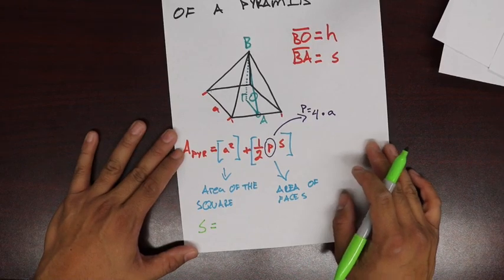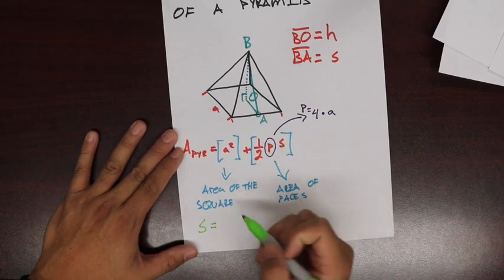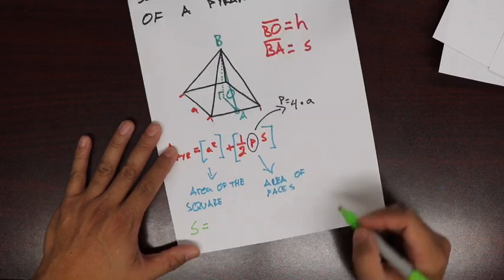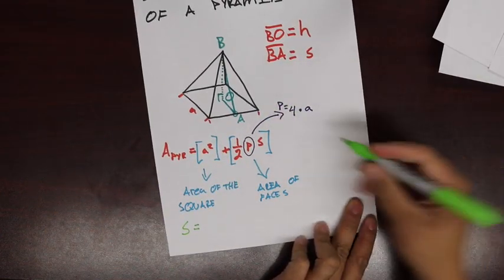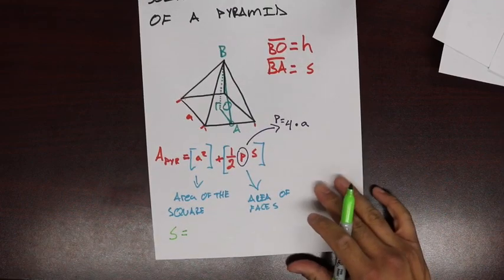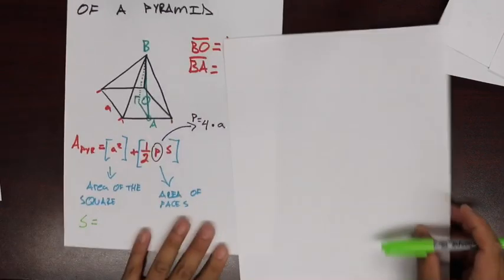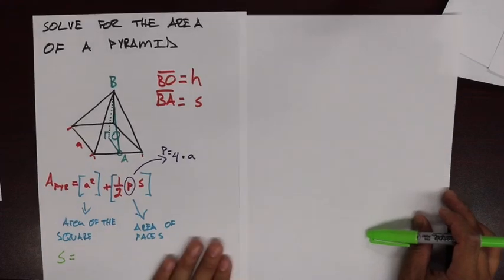So if we go back to Pythagorean's theorem, we'll just redraw this pyramid on a new piece of paper so it's easier to see. Bring that over here so you can still see it.